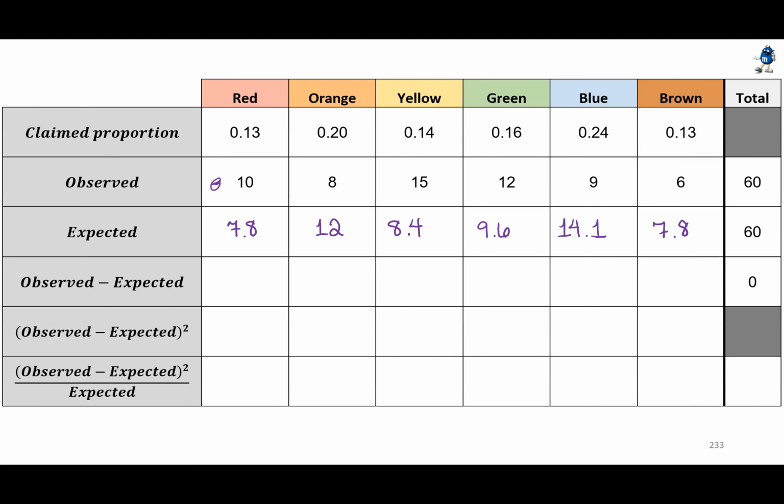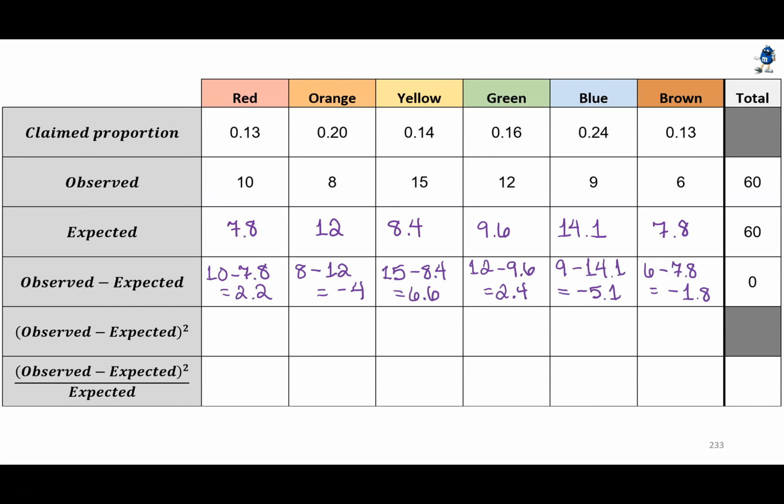So observed minus expected. Filling that in, 10 minus 7.8, that's 2.2. 8 minus 12, that's negative 4. Just keep in mind, if you're taking a smaller number minus a larger number, you get a negative number. It's not going to be the biggest deal after we square. That's going to be handy.